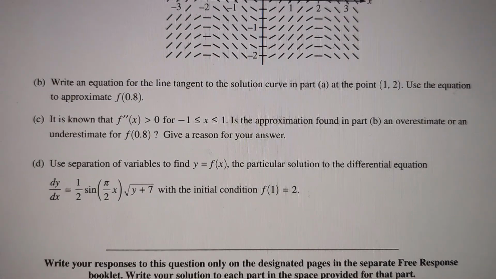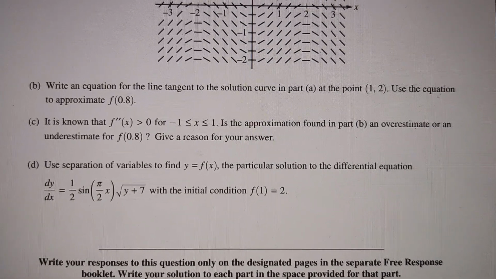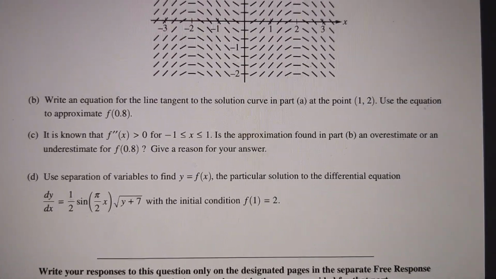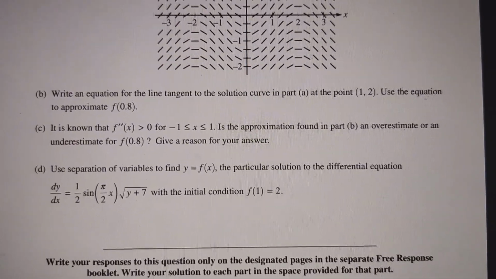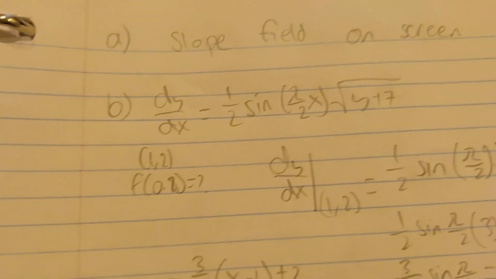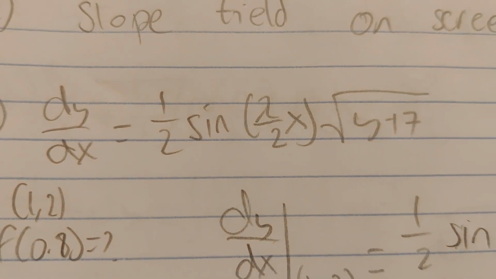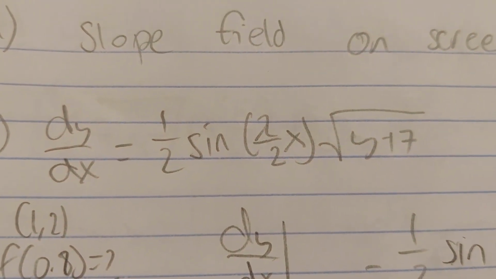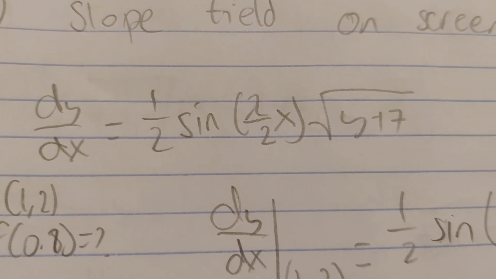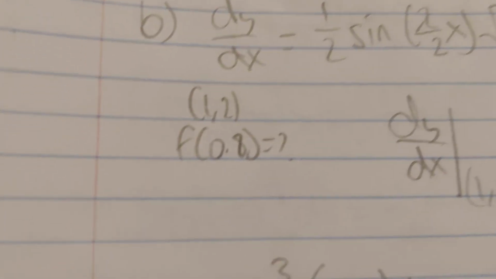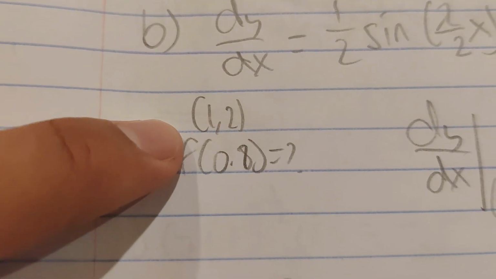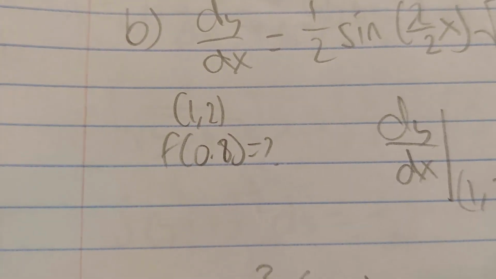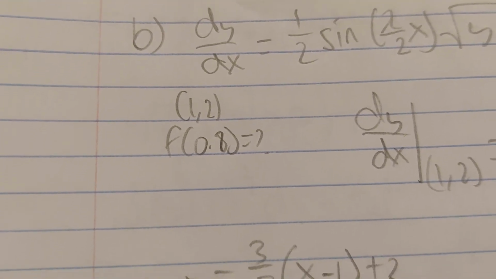So B: write an equation for the line tangent to the solution curve in part A at the point (1, 2). Use the equation to approximate f(0.8). So first we have the slope equation, (1/2) sin(πx/2) times the square root of (y + 7), and then we have to find the tangent line at (1, 2) and approximate f(0.8).